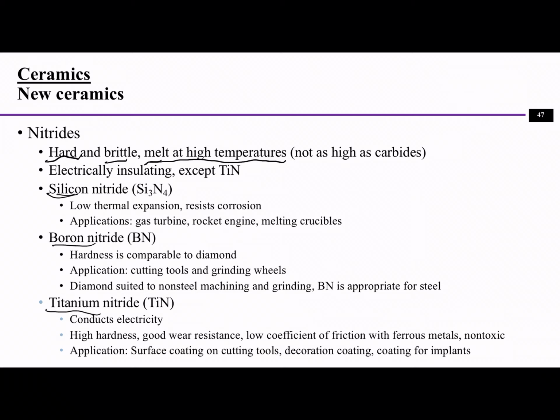Silicon nitride, for example, has low thermal expansion and resists corrosion, and is used in gas turbines, rocket engines, and some applications that require really extreme conditions. You can use these kinds of materials, new ceramics and nitrides.